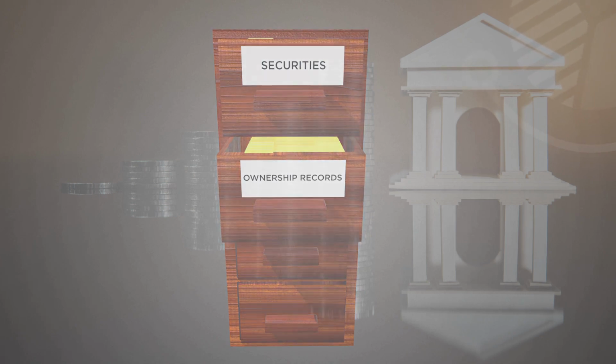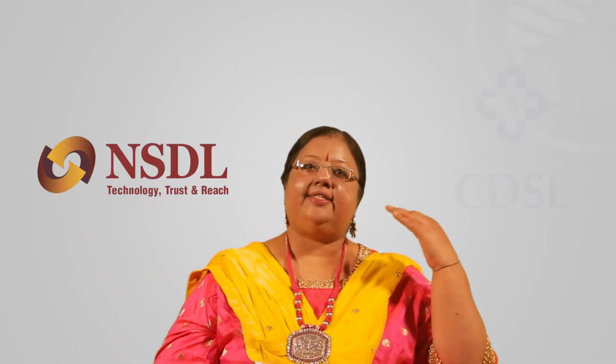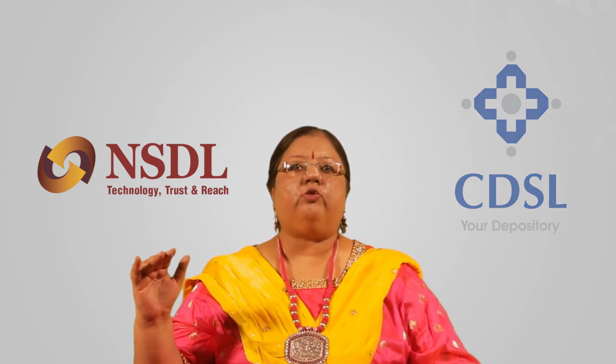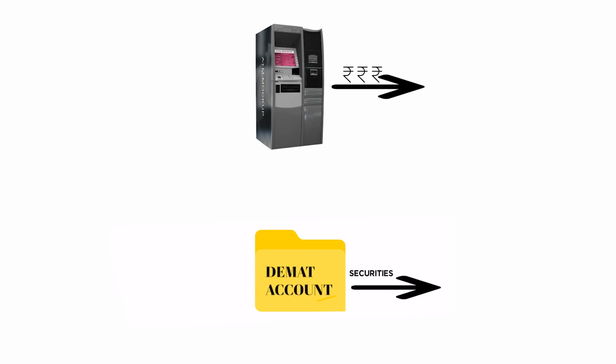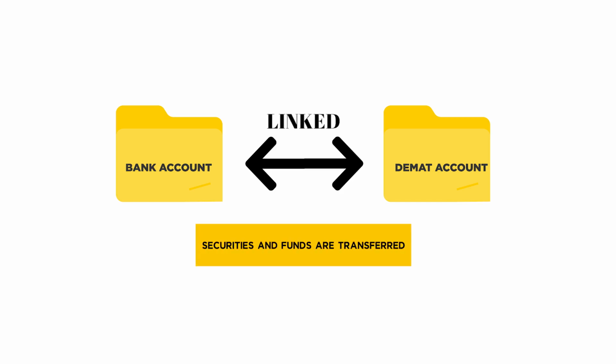There are two in the Indian ecosystem: NSDL, National Securities Depository Limited, and CDSL, Central Depository Services Limited. The simplest way to think about this account is that just like money goes in and out of your bank account, the securities you purchased or sold go into or out of your demat account. Both accounts are linked.